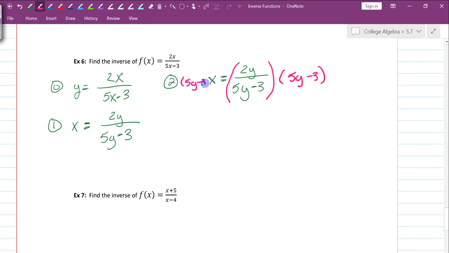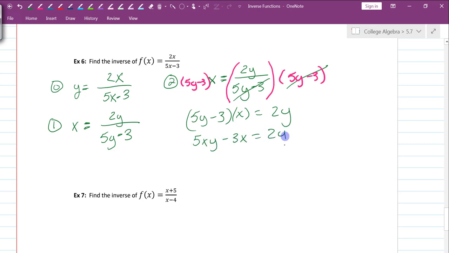When I do that, over here, that cancels out, and I'm left with 5y minus 3 times x is equal to 2y. Now I'm going to distribute my x to both terms, and I end up with 5xy minus 3x is equal to 2y.